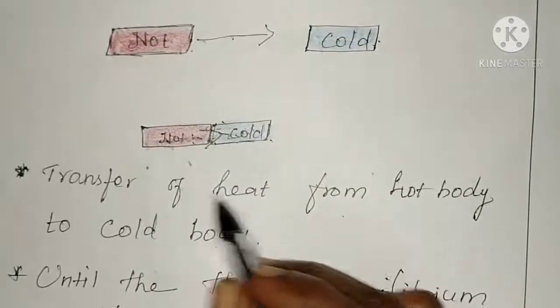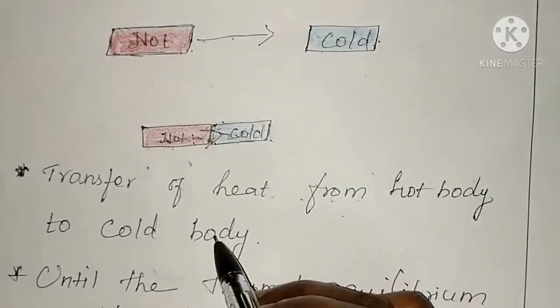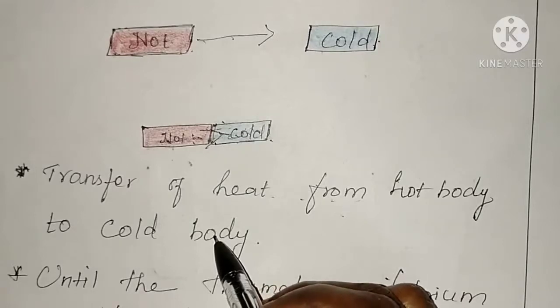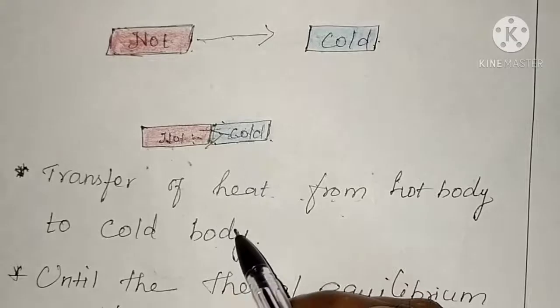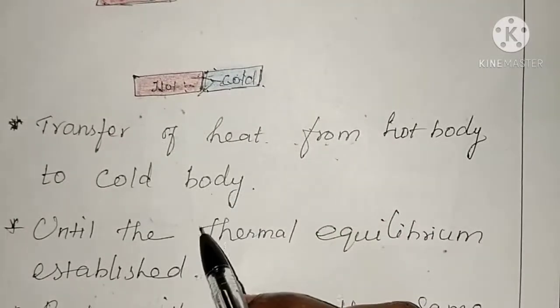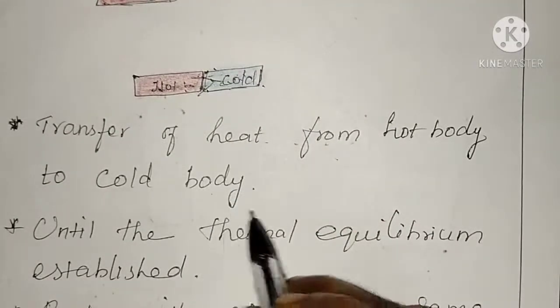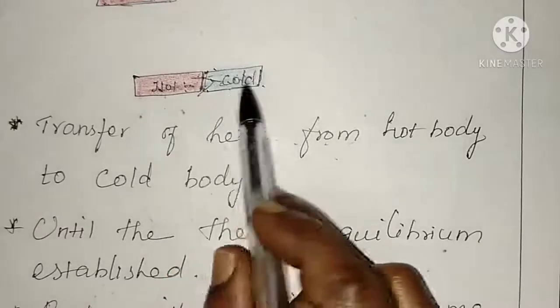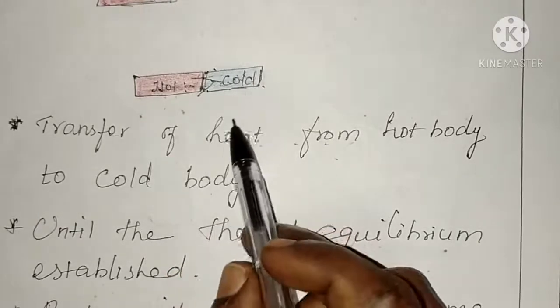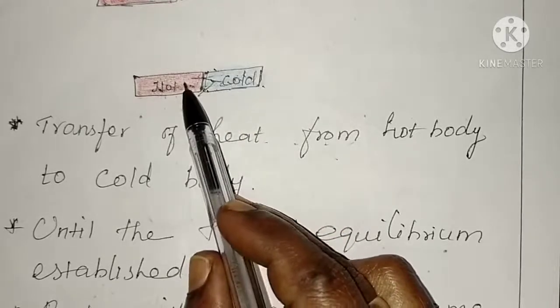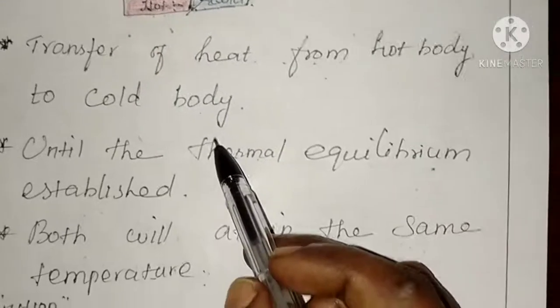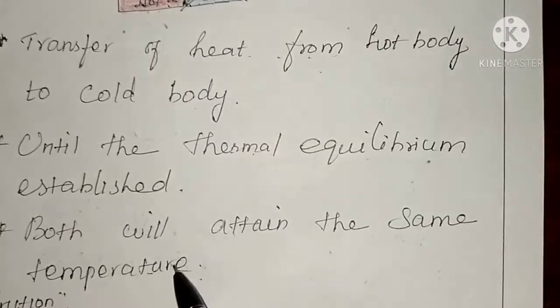See here, transfer of heat from the hot body to the cold body. The main concept of thermal equilibrium: heat is transferred from the hot body to the cold body until thermal equilibrium is established, that is, until the two bodies attain the same temperature. Till that time the heat will be transferred, and both will attain the same temperature.